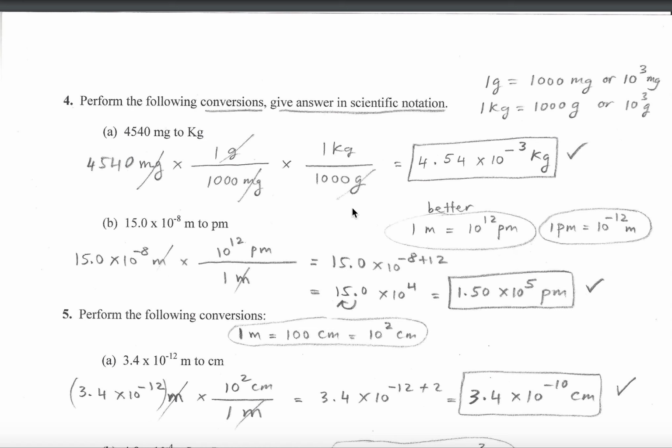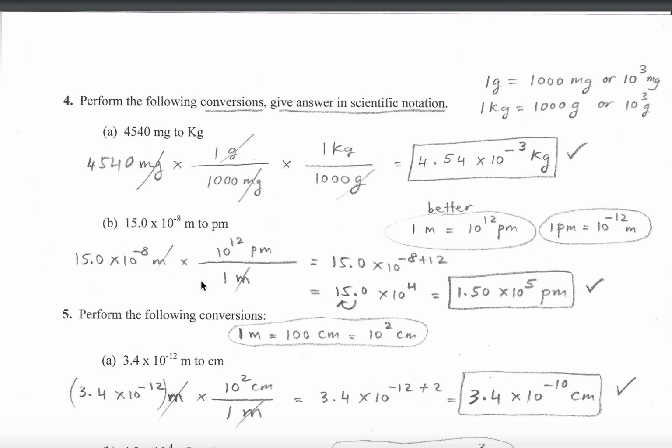All right. Now, next, we got 15.0 times 10 to the minus 8 meters, and the conversion is 10 to the 12 picometers over 1 meter. You can use either one. If you use 1 picometer on the top, you want to put 10 to the minus 12 meters on the denominator, that's fine. And when you divide by a negative exponent, it becomes positive.